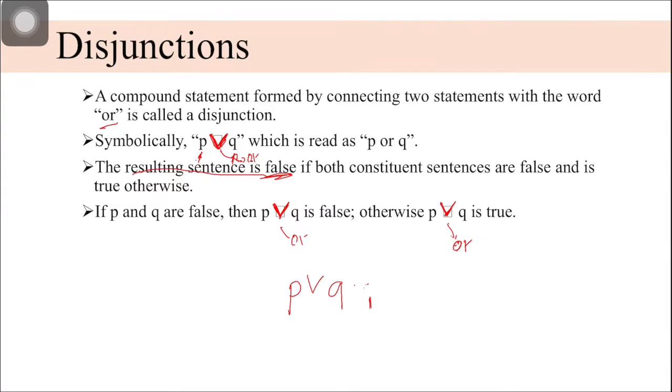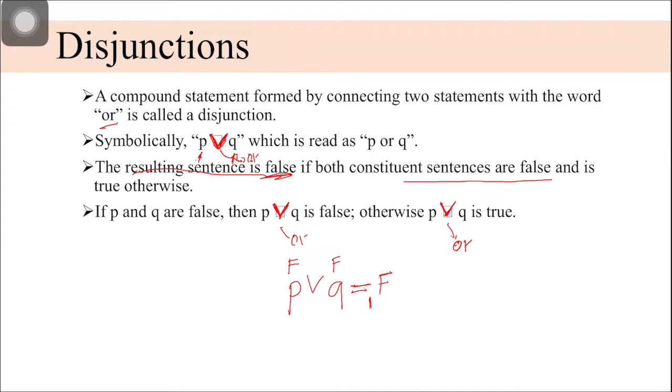So the resulting sentence is false if both constituent sentences are false. Our statement P must be false and our statement Q must be false to have a resulting sentence that is false.